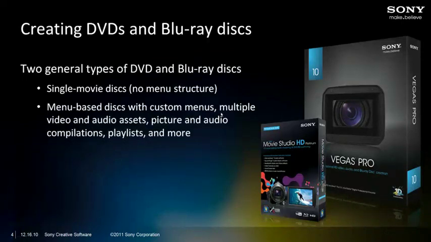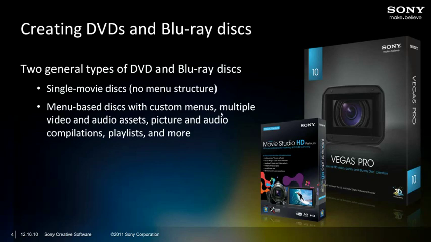Now, I've talked about already that we're going to discuss two different types of discs that you can create with our software, and those are DVDs and Blu-ray discs. First, we're going to take a look at making single movie discs. In other words, discs that have no menu structure. Basically, you put the disc into your player, and it just starts playing the movie.